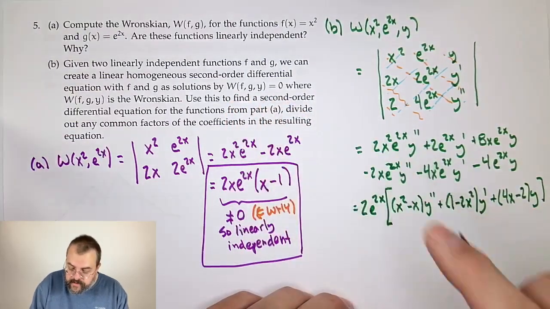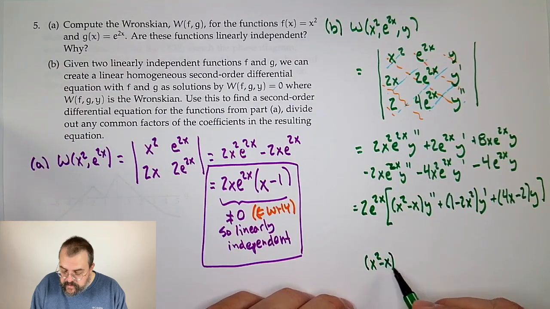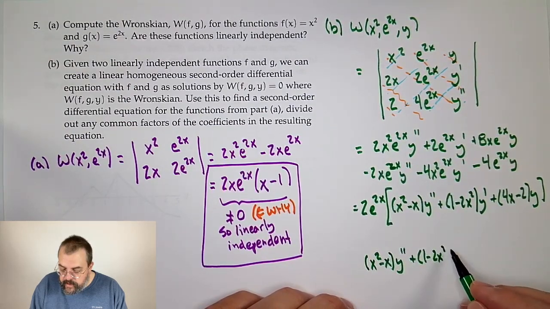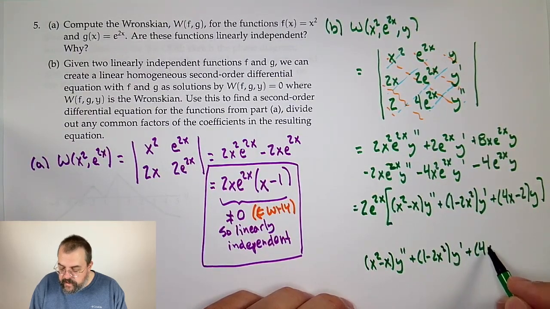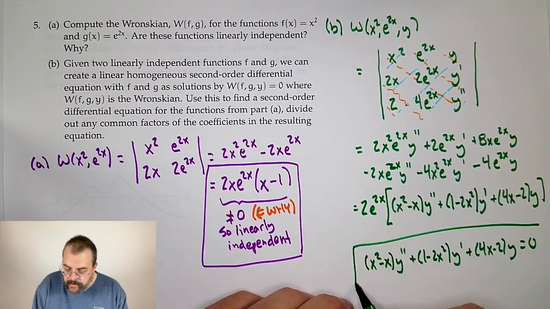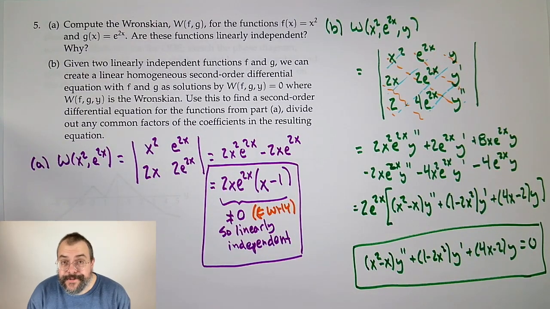Remember, we're setting our Wronskian equal to 0, so the answer is x squared minus x, y double prime, plus 1 minus 2x squared, y prime, plus 4x minus 2 times y equals 0. That's the answer. Now, what could you do if you were paranoid?